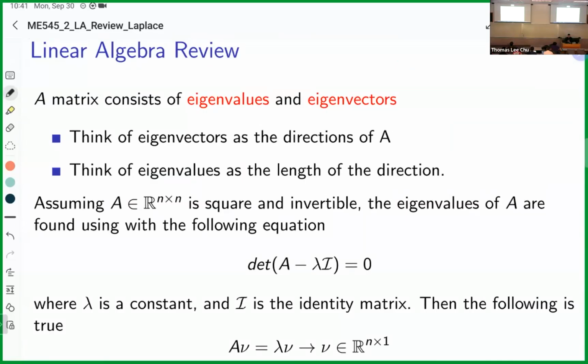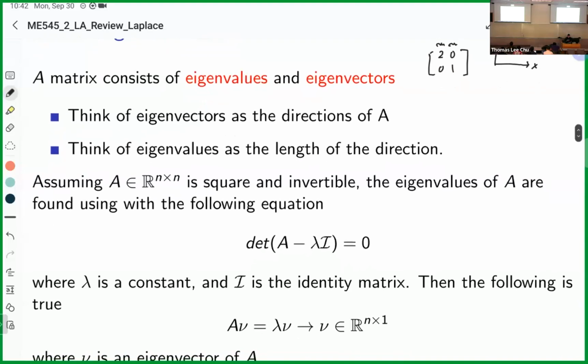So the direction of A. If we have a matrix that's 1, 0, and then 0, 1, we can think of this as our XY plot, where this is our X column and this is our Y column. So that's our direction. And then eigenvalues are the length of the direction, how long this direction is. If I change this to 2, we can make this look longer like that. So those are eigenvectors and eigenvalues.